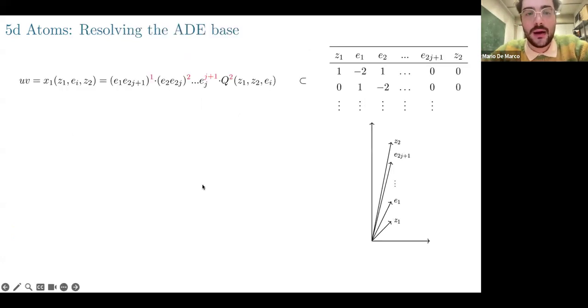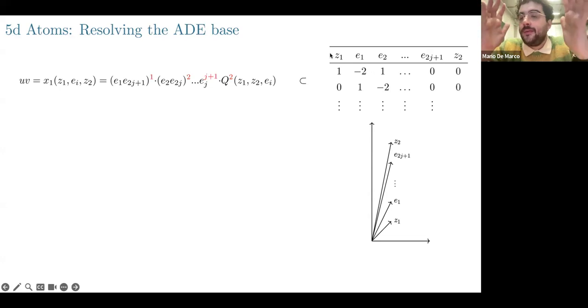Let's see how. First of all, to perform the resolution, I have to perform the usual resolution of the Du Val singularity of type A_{2j+1}, which can be described in terms of toric variables from z1, e1, e2, up to e_{2j+1}, and z2. As usual, the 2-cycles of the resolved Du Val singularity are obtained by putting to 0 these variables.